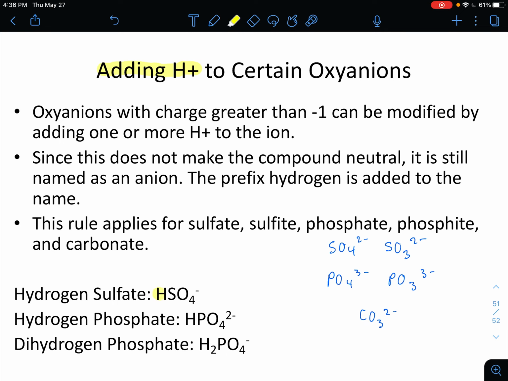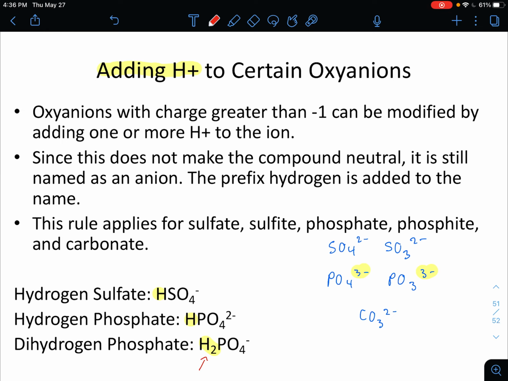And it's pretty straightforward, right? If I add a hydrogen in front of sulfate, it'll become two words, hydrogen sulfate. If I add a hydrogen to phosphate, it'll become hydrogen phosphate. For phosphate and phosphite with the -3 charge, there's one other variation, and that's where I can put two hydrogens but still not make the neutral molecule, right?